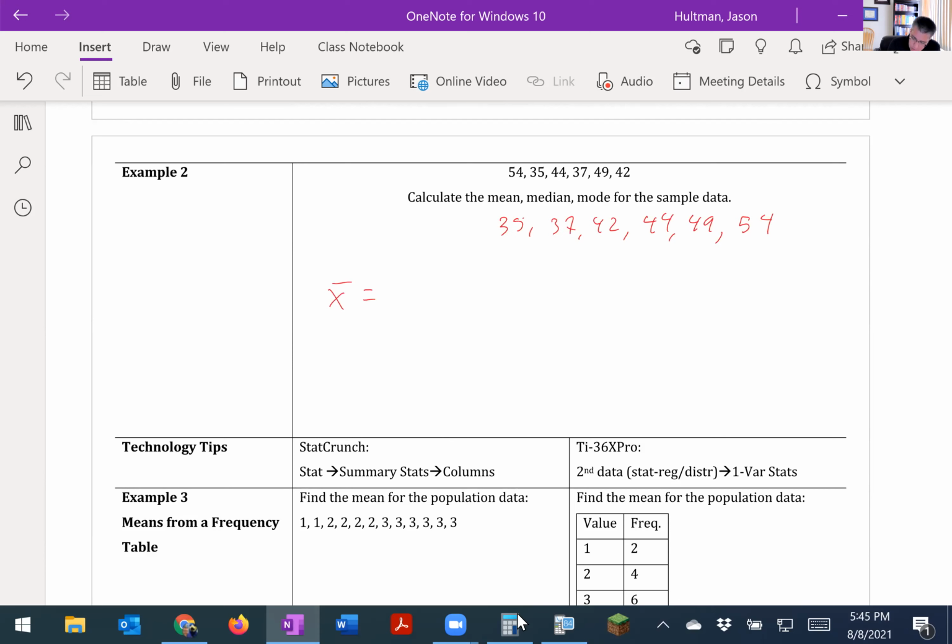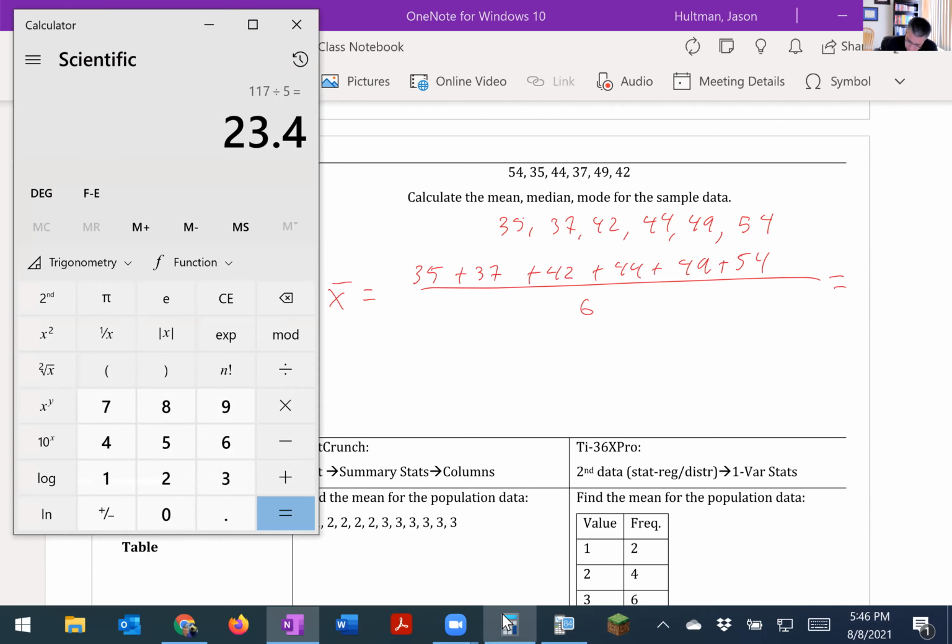The mean is just going to be add them all up and divide by the number of items there are, and that's 6 in this case. So 35 plus 37 plus 42 plus 44 plus 49 plus 54, all over 6. Let's plug that into the calculator.